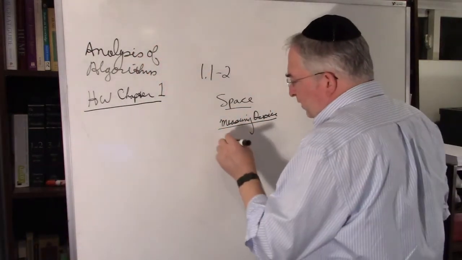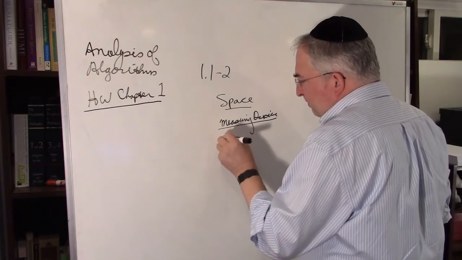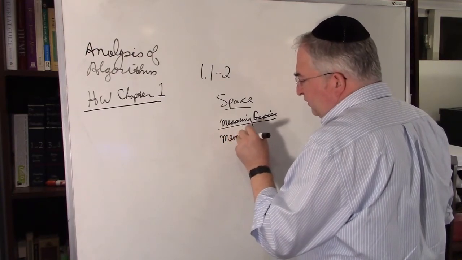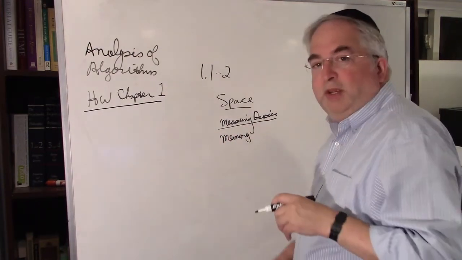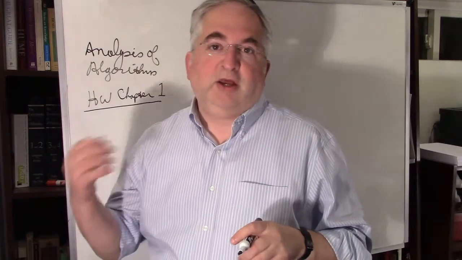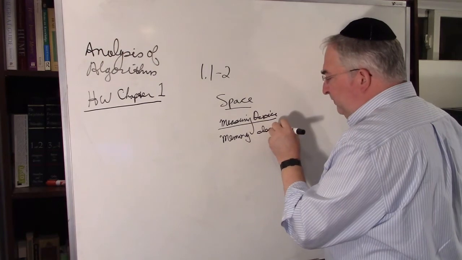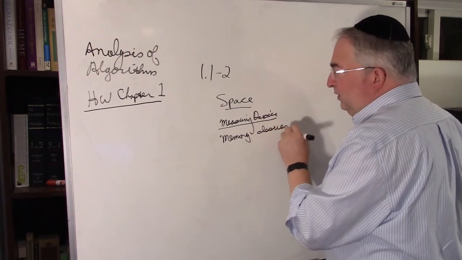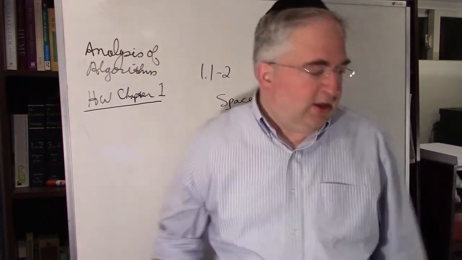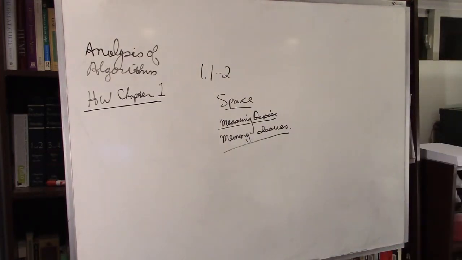So those are memory issues. Those are types of things that we will be interested in besides just speed. Those are examples. I'm sure you could think of a lot more examples.